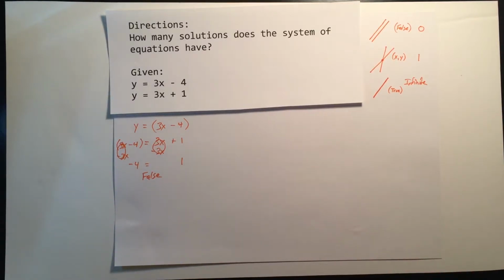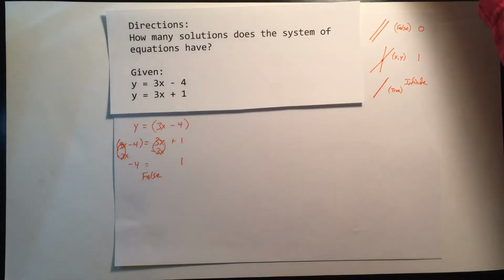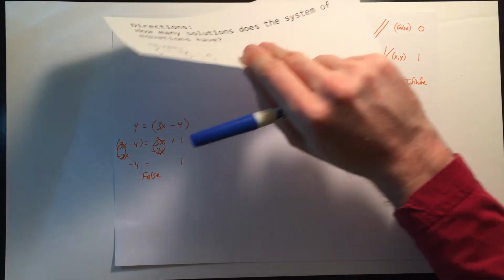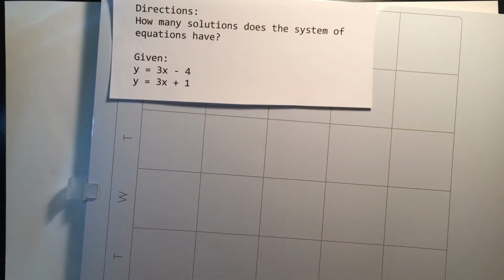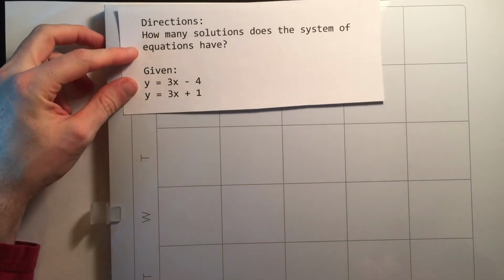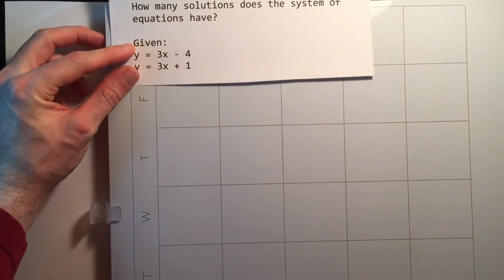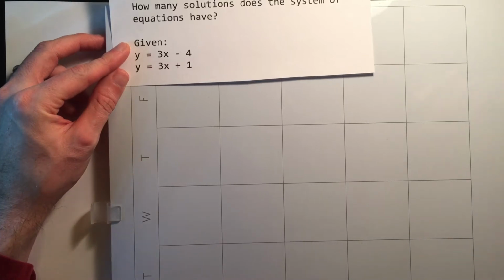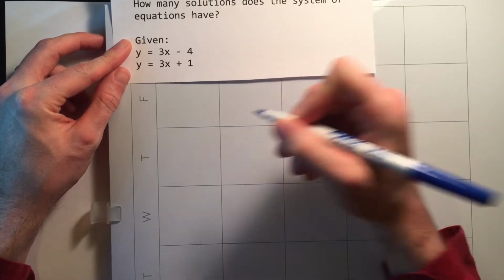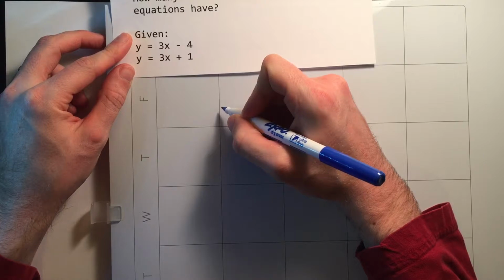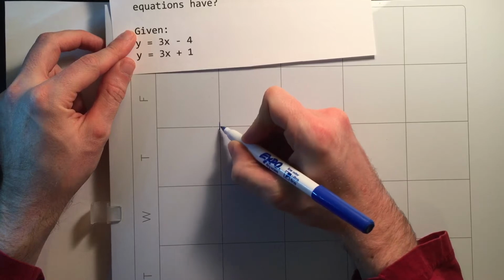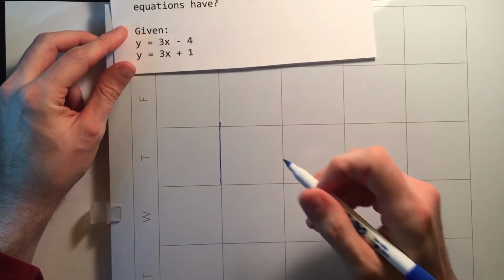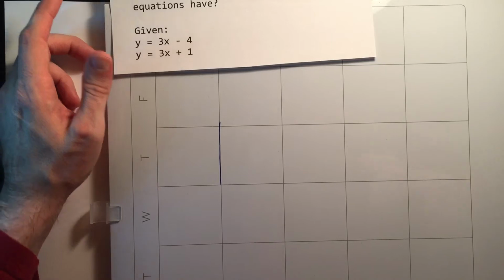Okay, so now let's switch over to the graph, and let's just take a look and see how this would look. Okay. So let's draw an x and y axis on our grid here. And let's put it right about here.